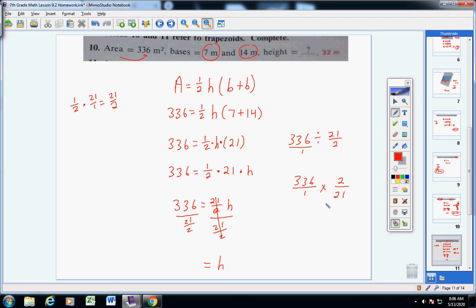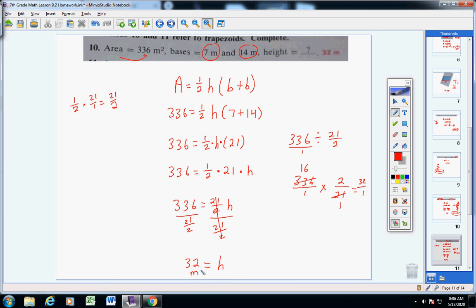Now, you might not have known this, which is fine, but 21 actually goes into 336 16 times, so it makes the problem a little easier. 21 goes into 21 once, 21 goes into 336 16 times. So 16 times 2 is 32, 1 times 1 is 1, and 32 over 1 is 32 meters.